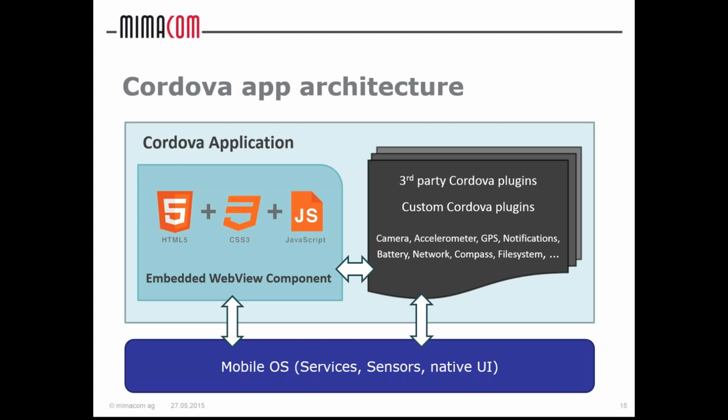So in this way, the web application is quite a normal JavaScript application, but via these JavaScript APIs is able to run and to control, manage sensors, native UI components, or native services.